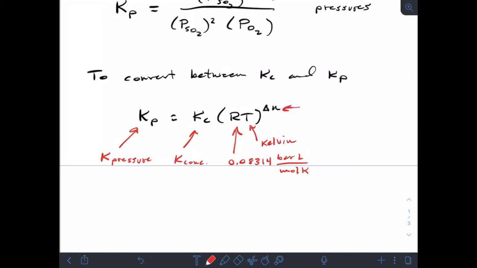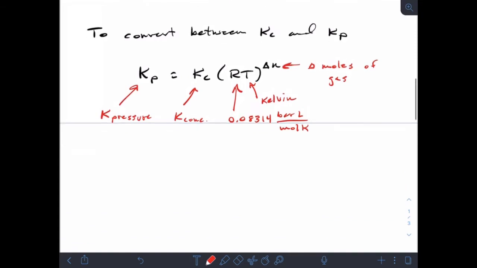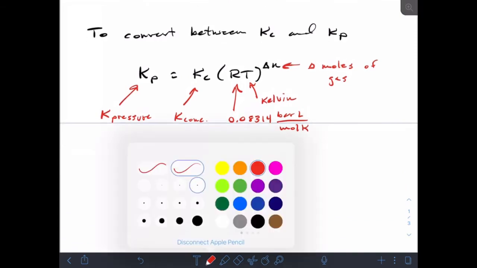And our n value up here, this delta n, is the change in moles of gas. Because it's delta, it's still final minus initial.